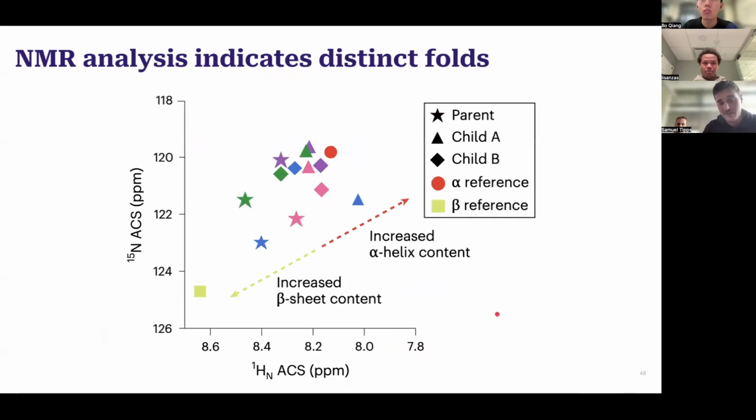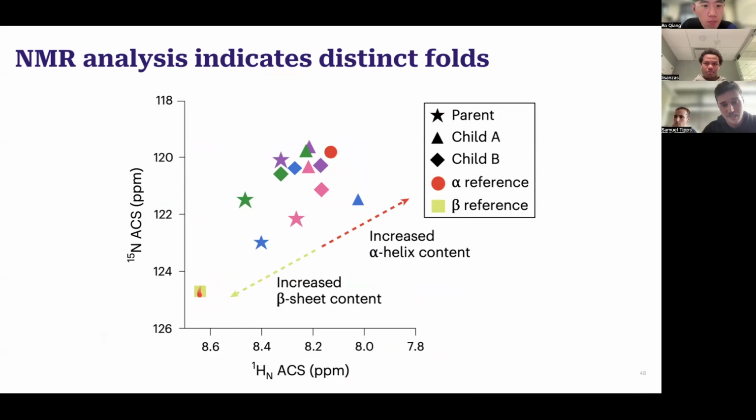And so we also took sort of a zoomed out view of how well we designed these multiple folds. It's known in the literature that proteins with high beta sheet content have their chemical shifts in this bottom left zone of the HSQC spectra.